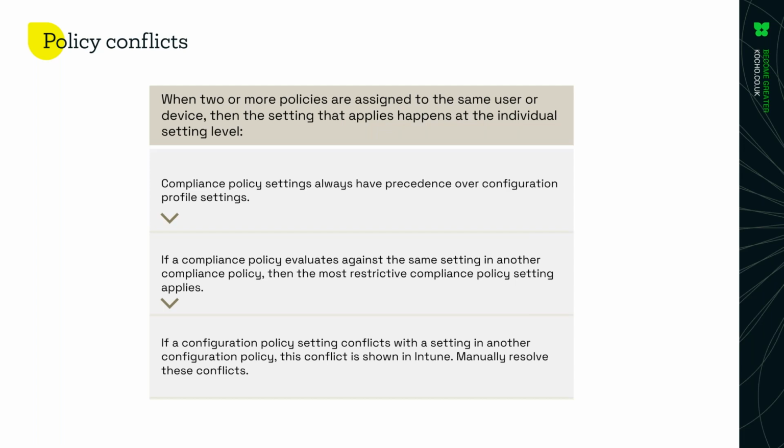So if you have a compliance policy, for instance, that requires an 8-digit PIN, but you also have a configuration profile that requires a 6-digit PIN, the compliance policy will win out because it will have a more restrictive setting being an 8-digit PIN. So that compliance policy will actually make that change on the device, much like a configuration profile would. So really important to understand that process flow. Generally speaking, it's most restrictive wins.